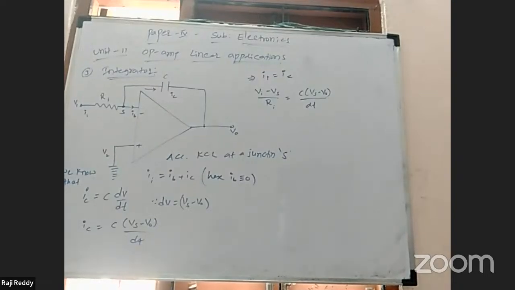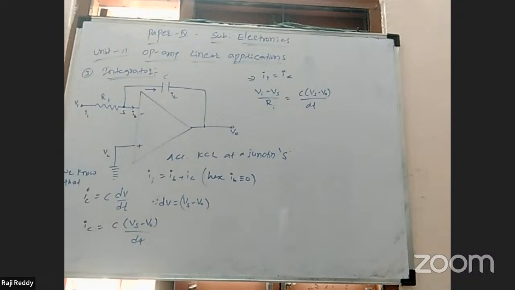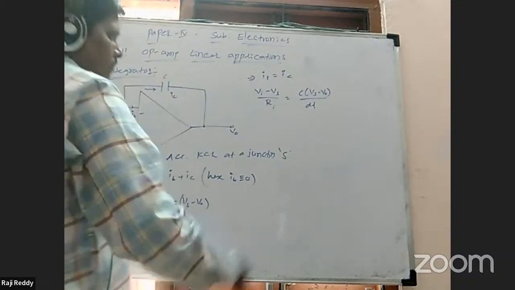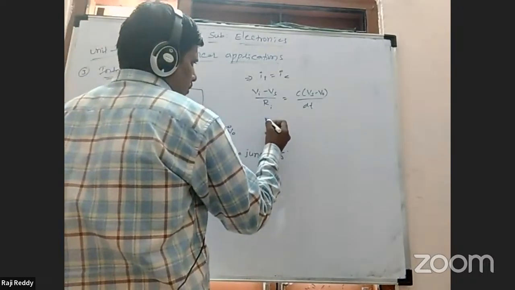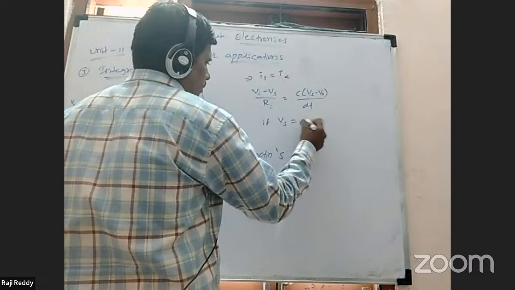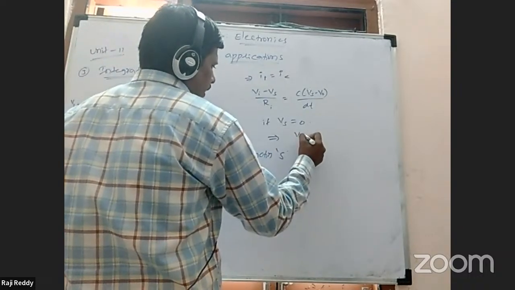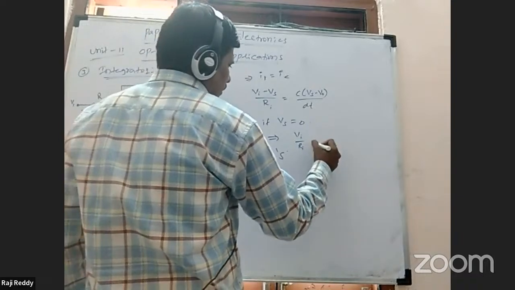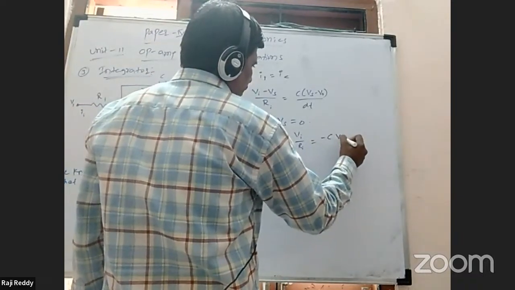If Vs is equal to 0, that is, point S is connected to the ground, then this equation can be modified: Vi by Ri is equivalent to minus C into dV naught by dt.